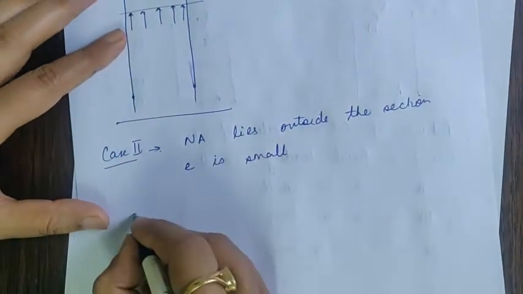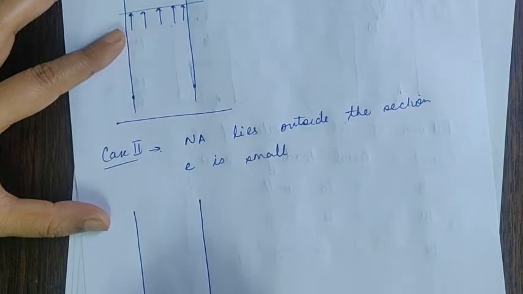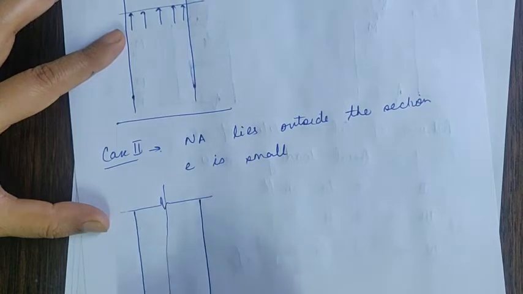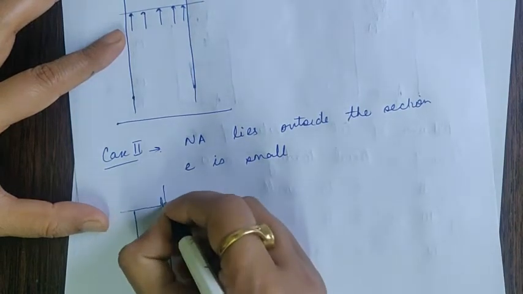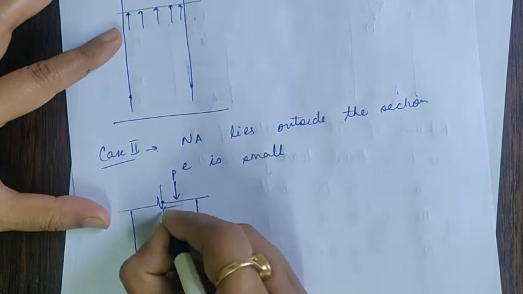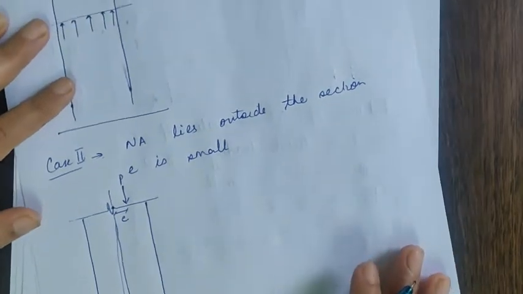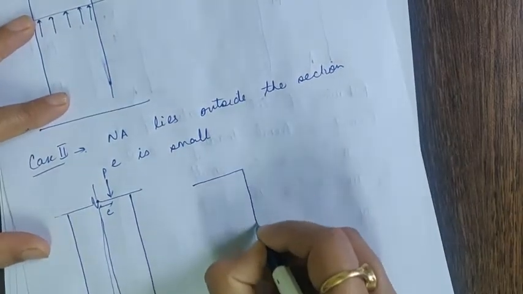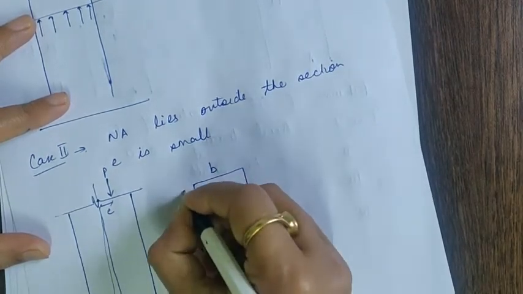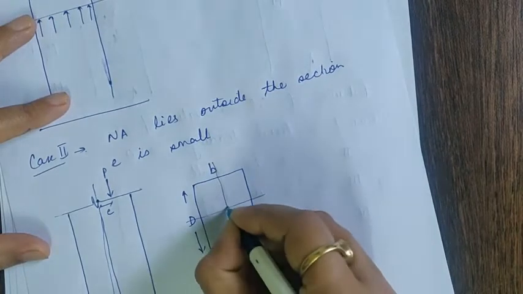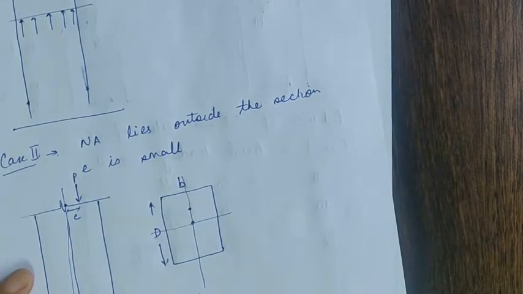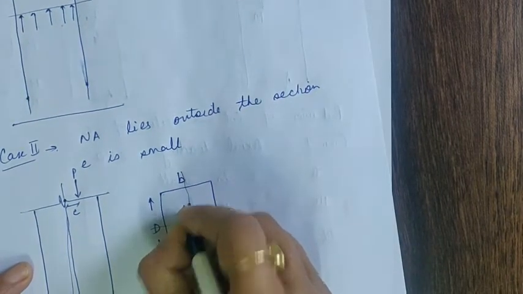So this is the case in which, I am drawing the front view now, you are having a column in which load is not acting at the CG, rather load is acting at a small distance, with the eccentricity E. If I draw the cross section of this column, it will be some width B, some depth D. This is the neutral axis, this is the CG. Now the load is acting here, at certain eccentricity E.